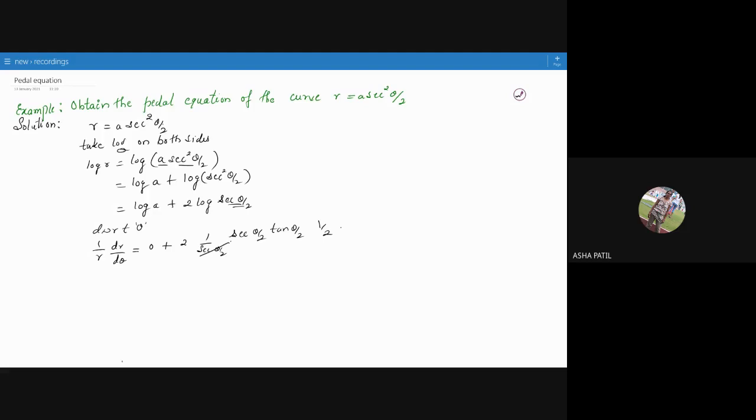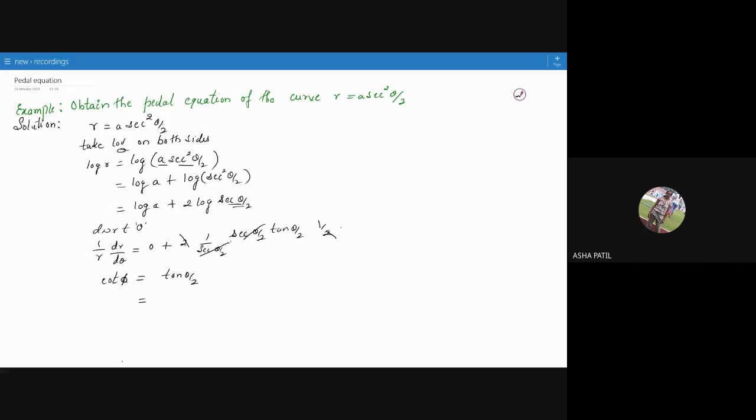So you can see that secant theta by 2 gets cancelled, even 2 from the numerator and denominator gets cancelled, and we are left with cot phi, because 1 by r dr by d theta is cot phi, which is equal to tan of theta by 2. Now LHS is in terms of cot, RHS is in terms of tan.